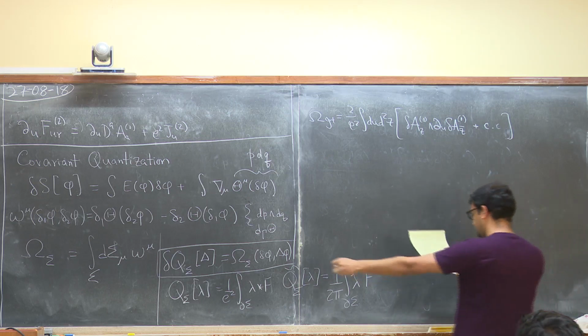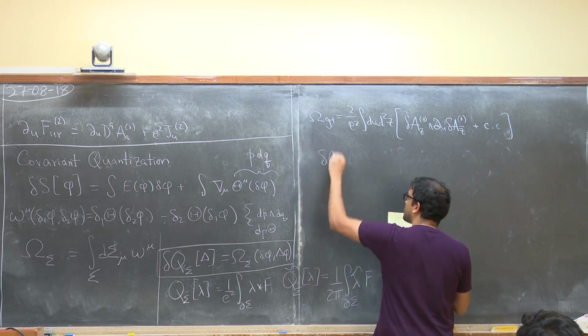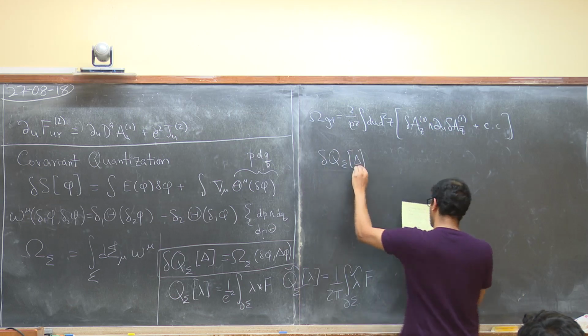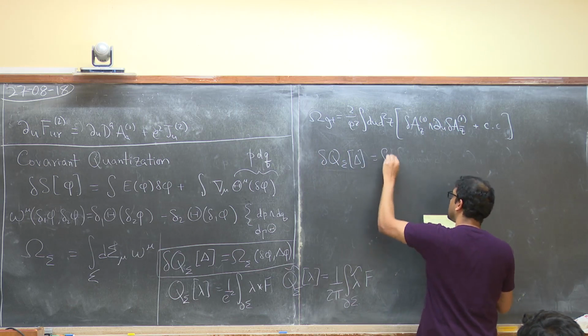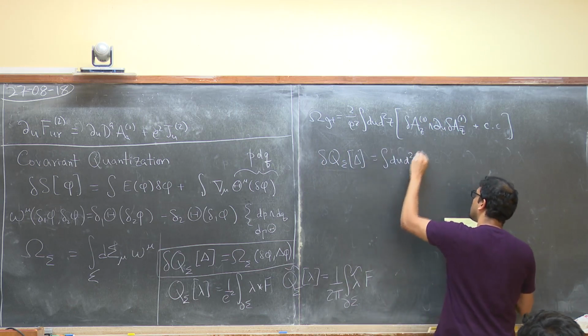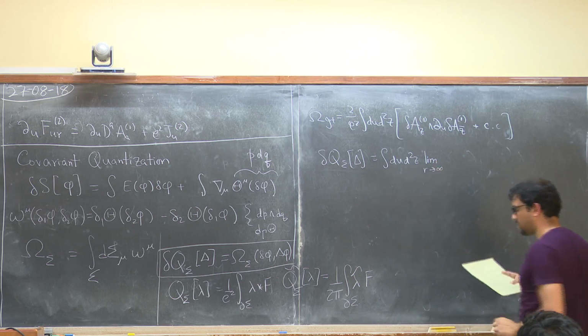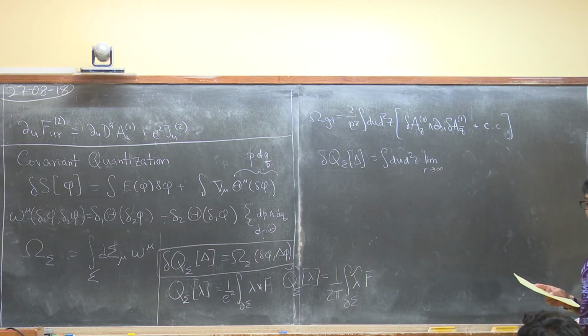If I do that, you get the equation that looks like delta Q epsilon of a certain guy. Now I'm doing this for the action that I wrote down, phi f squared interaction term.